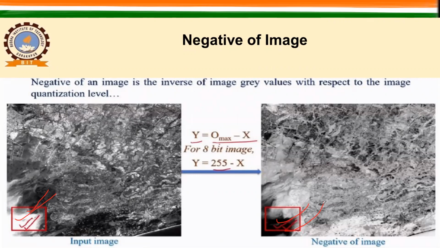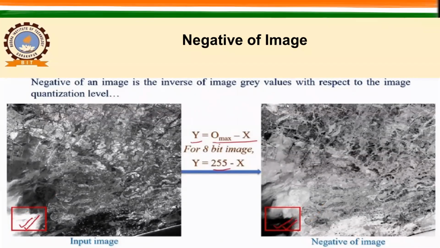Not inverted, the negative of the image. Inverted means something like flip. Here you will get the negative image of the input image. So the negative of an image is the inverse of the image gray value with respect to the image quantization level.